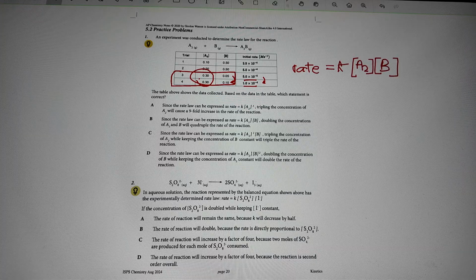Wait, okay. Here, when A was the same and we doubled B, the rate doubled. And here, if we kept B the same and doubled A, it also doubled.